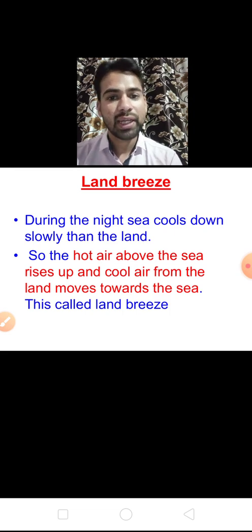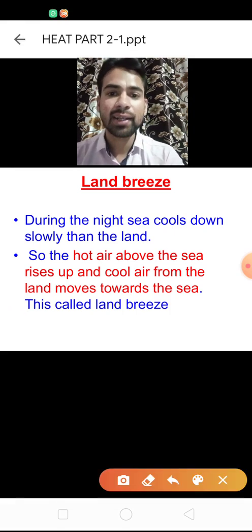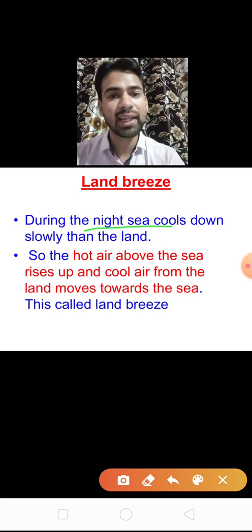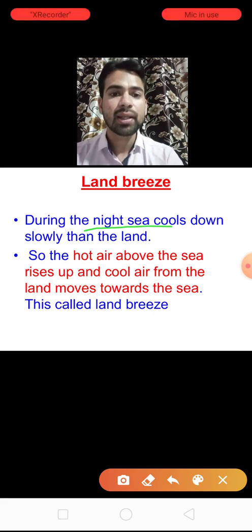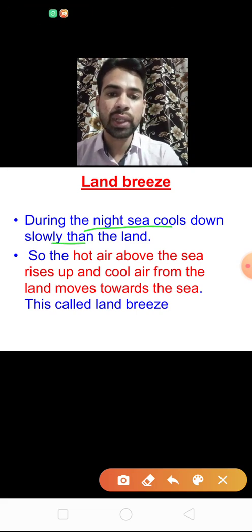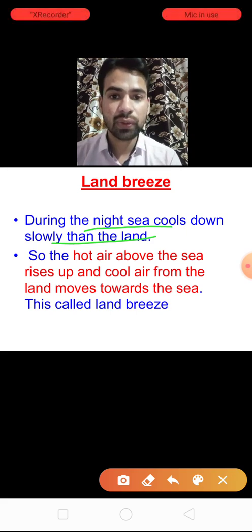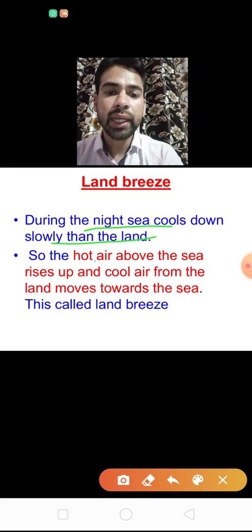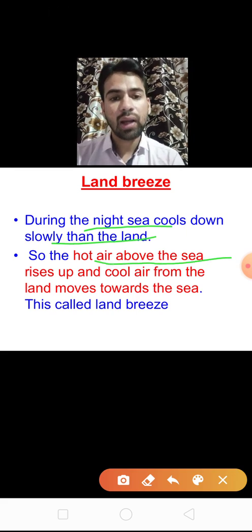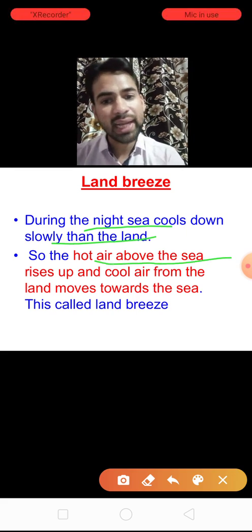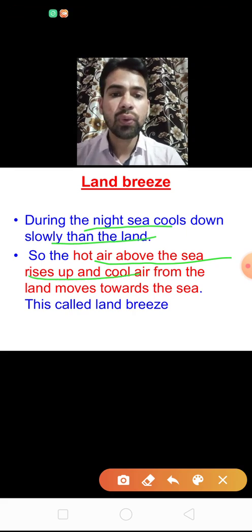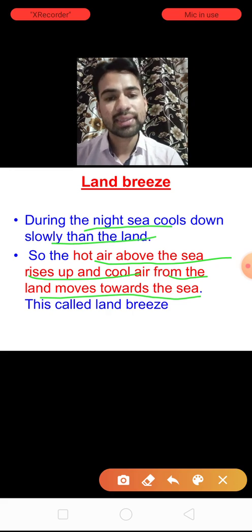In land breeze, which basically takes place during the night, the sea cools down more slowly than the land. The sea becomes cooler than the land. So the hot air above the sea rises up, and cool air from the land moves towards the sea.